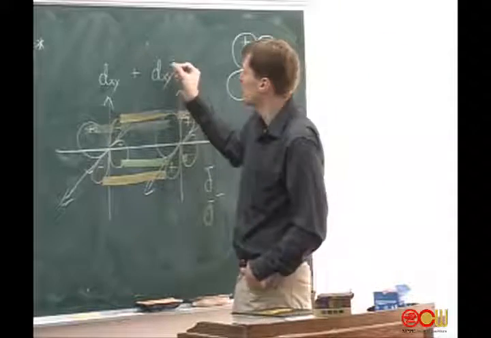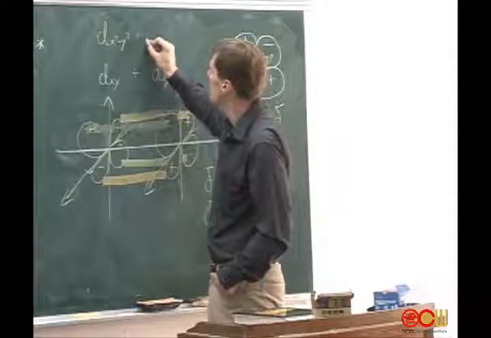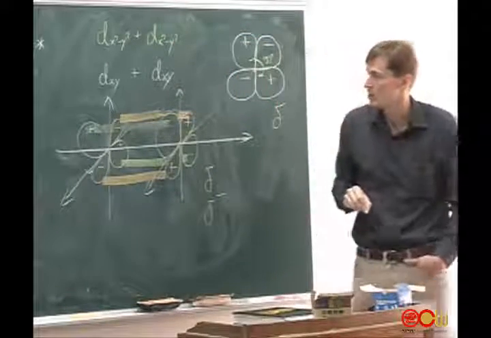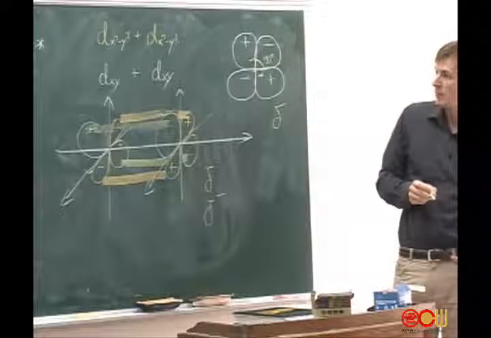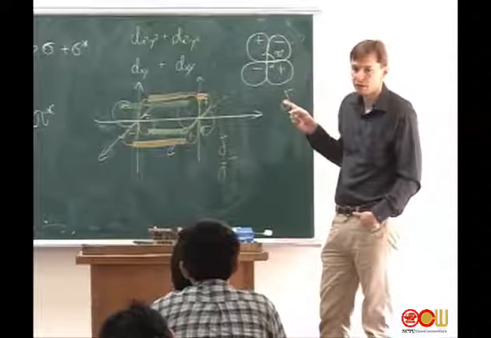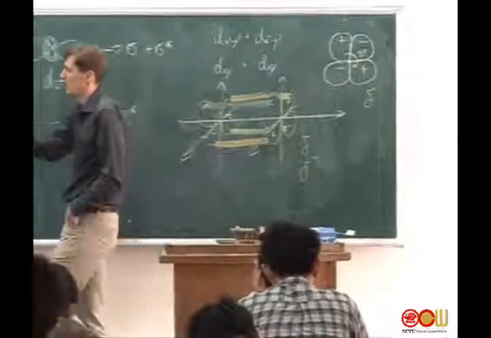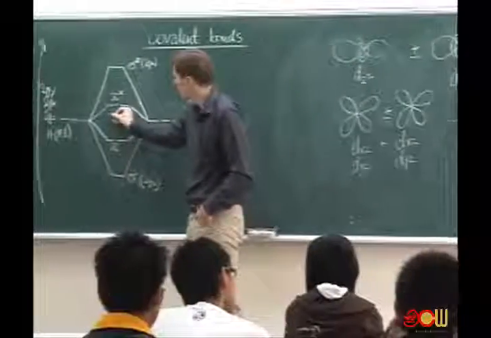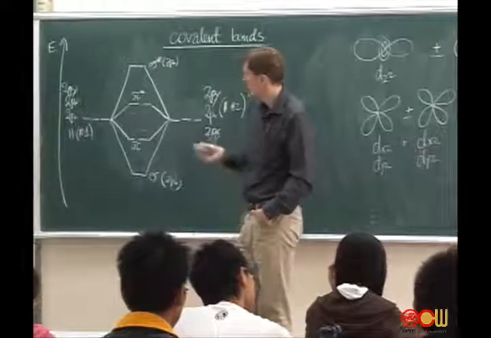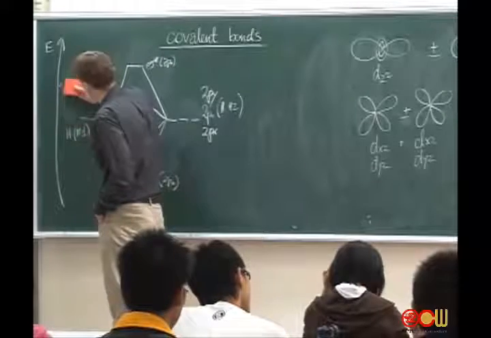And if you think about that for a moment longer, you also find that dx squared minus y squared plus dx squared minus y squared makes the same linear combination of delta bonds. Delta bonds are very, very weak, extremely weak. If I plot them here, probably the delta would be somewhere here. Again, I can do this because the plot will look virtually the same.